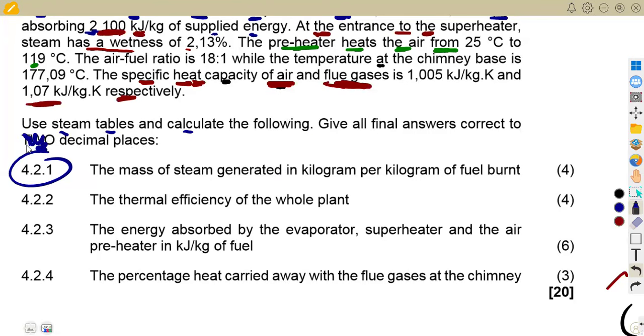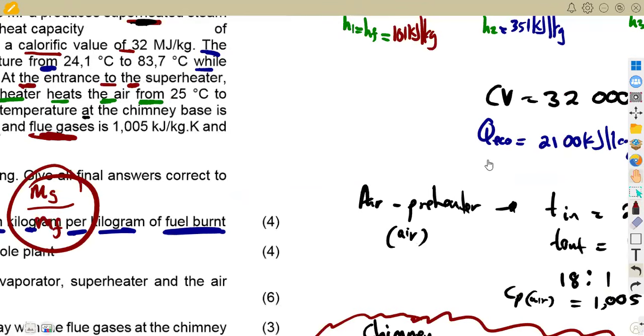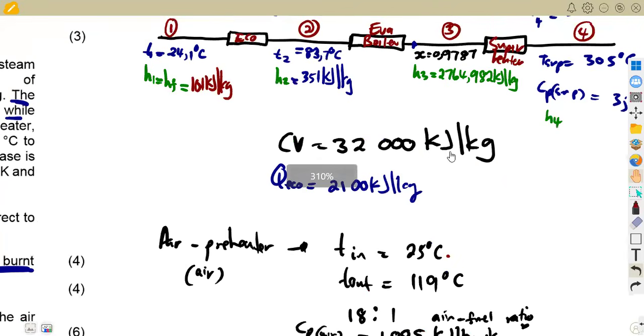But like I said, guys, as for me, I used 3 decimal places. So the mass of steam generated in kilogram per kilogram of fuel burnt. Whenever they're asking you this type of question, they need the mass of steam over the mass of fuel. That is what they're asking you here. So where and how can we find MS over MF?